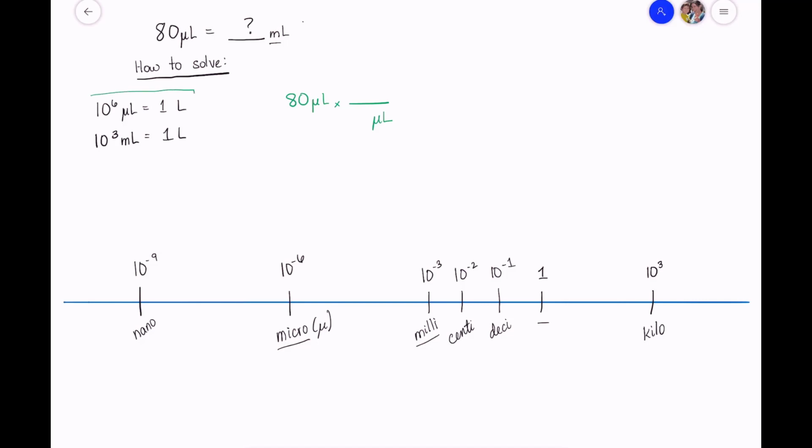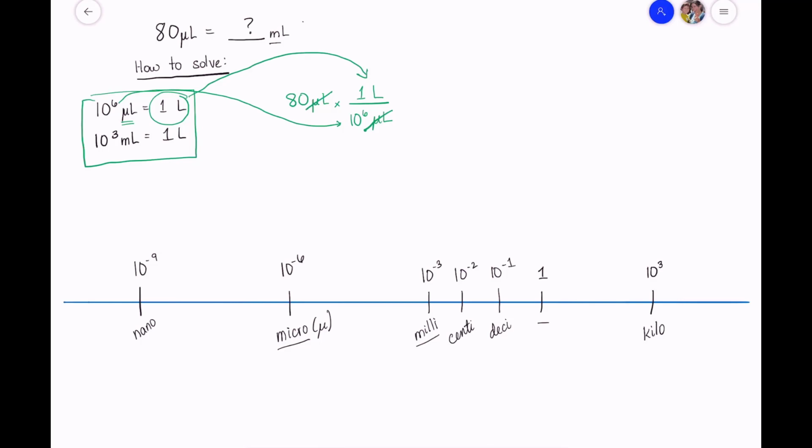And now I'm going to come over to this area that I've set up to the side and see which one of these conversions might work here. And it's the one with microliters. So I'm going to put 10 to the 6 microliters at the bottom and 1 liter at the top. So remember, that equals 1. Microliters cancel out, and now I have liters, but I don't want liters, I want milliliters.